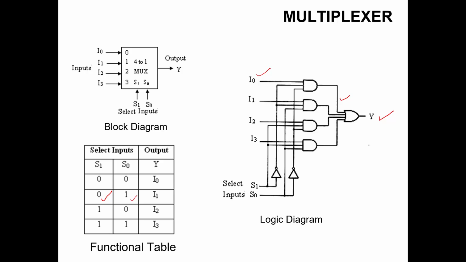Similarly, if S0 is 0 and S1 is 1, then this particular AND gate will be activated and the output will be I1. Similarly, we will have I2 and I3 at the output when the select lines select the proper combinations of 1 0 and 1 1.